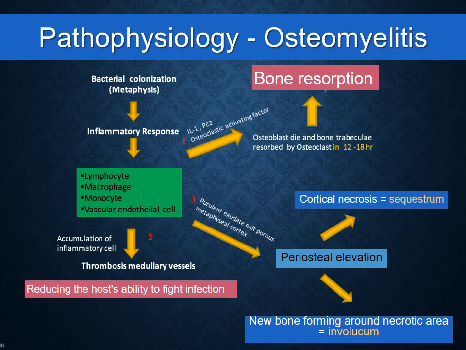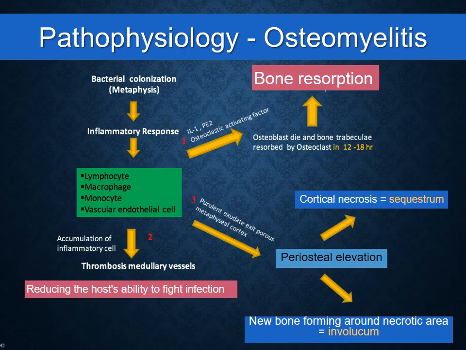Ironically, this immune response, combined with the rigid structure of bone, leads to compromised local blood flow, causing ischemia. This ischemia further favors bacterial survival and hinders immune cell access. As a result, segments of bone become necrotic, forming sequestra, which act as protected niches for bacteria, making the infection persistent and difficult to eradicate.